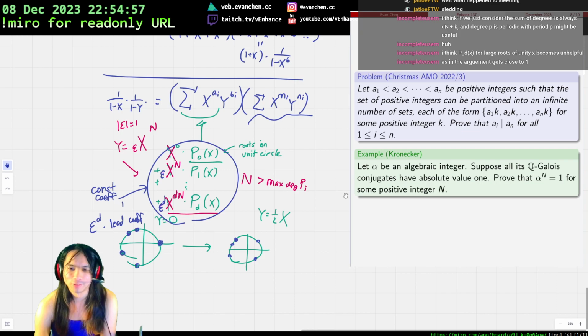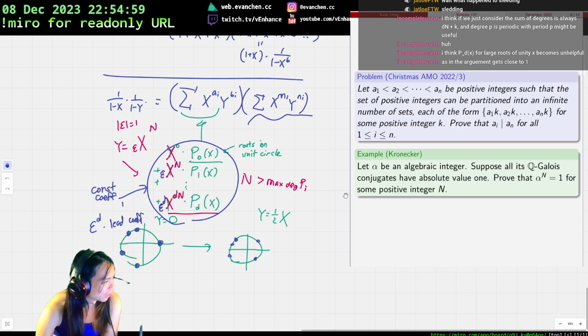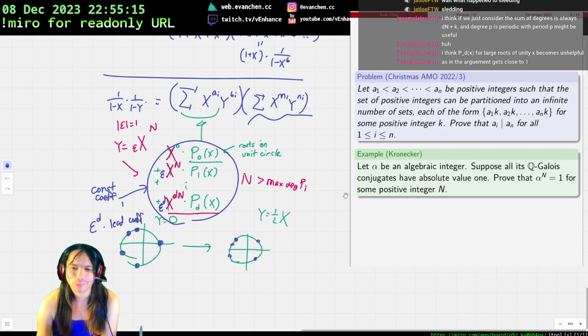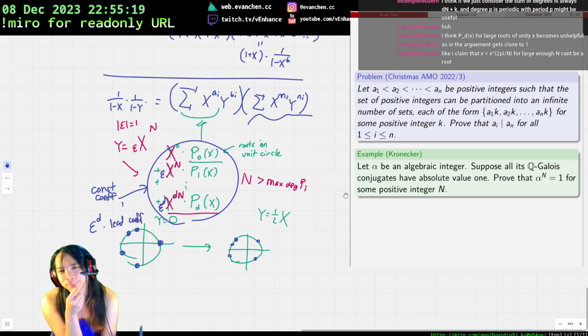But I don't know the complex analysis required to pull this off. When epsilon equals 0 or when epsilon equals 1, I know the roots of P0 are on the unit circle.